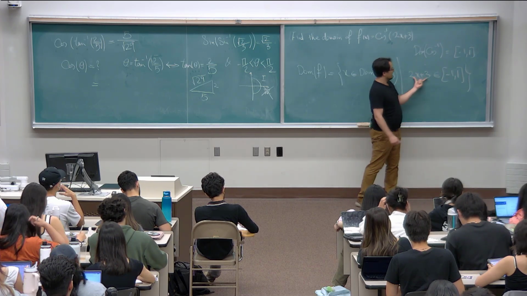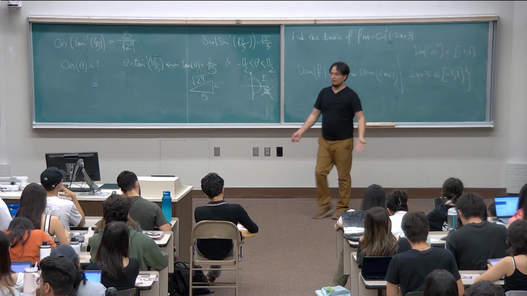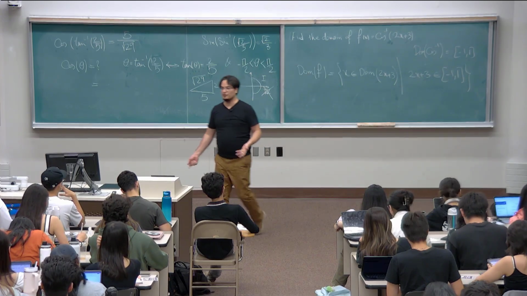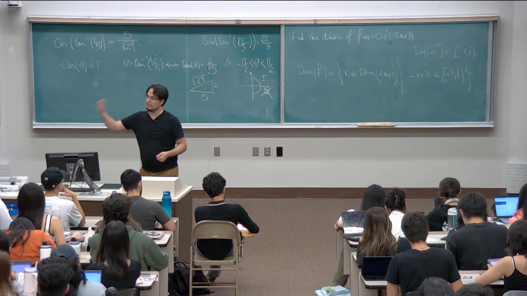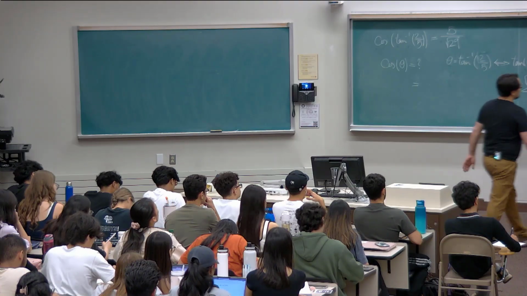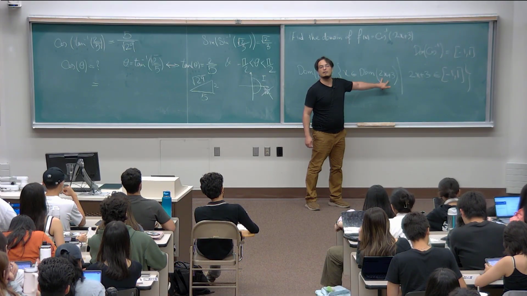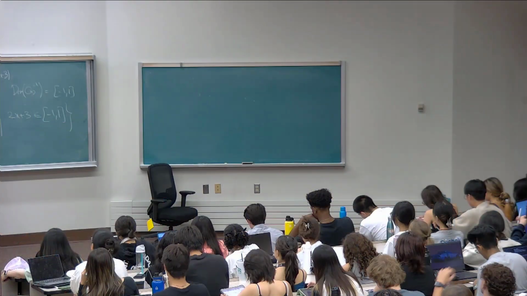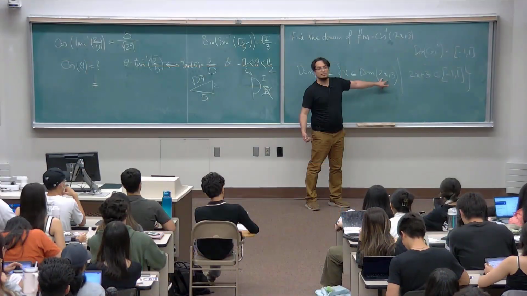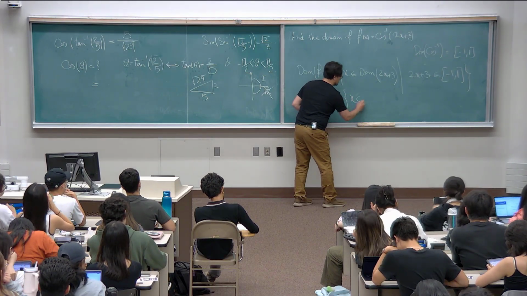And second, the value of the inner function must be in the domain of the outer function, or in other words, I can use it as input into the second function. What is the domain of this function here, 2x plus 3? The whole real line. Why? It's a polynomial, yes? So this is x.